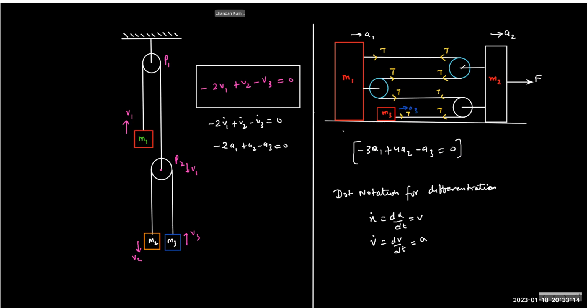For M1, what is the net tension force in its direction? You can see this is 3T, and the velocity is also to the right. For M3, it is towards the right, and for M2, it is backward, minus T. And so you will get the same answer, right?